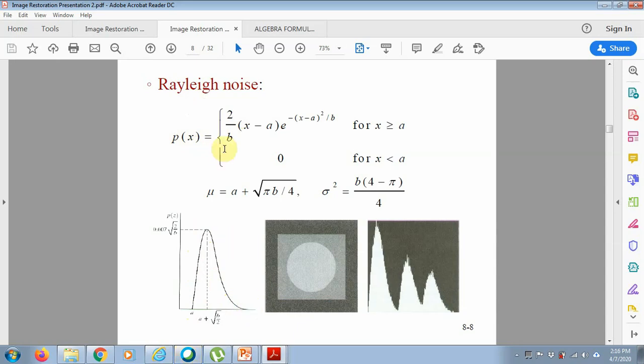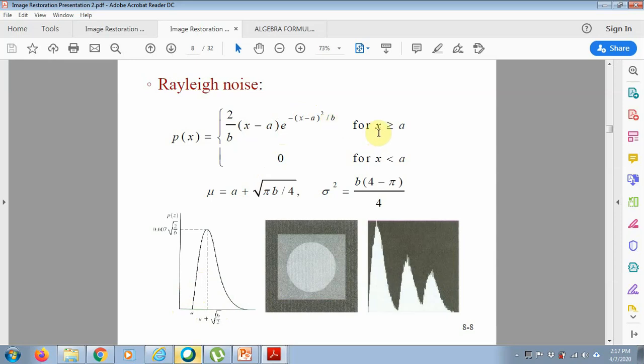It has been derived as 2 by b times (x minus a) into exponential of minus (x minus a) square upon b, because you are not considering this distance, so you need to subtract a from x.